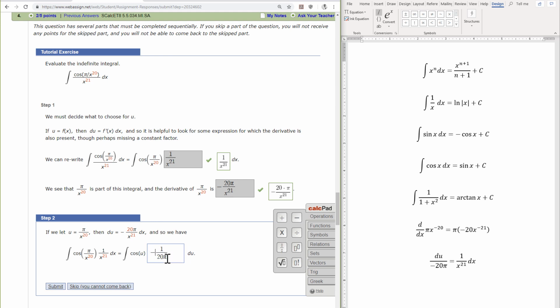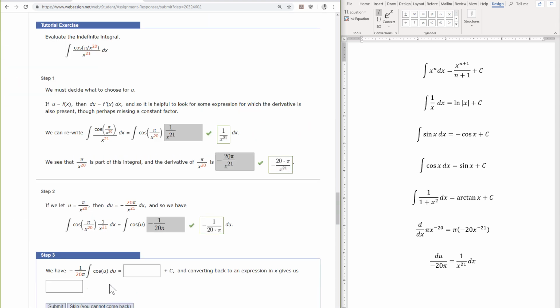And then the du is going to be off to the side, so we can split that up. All right. Negative 1 over 20 pi is just a constant that we can bring outside of the integral. And if we do that, all we have left is the cosine of u du.